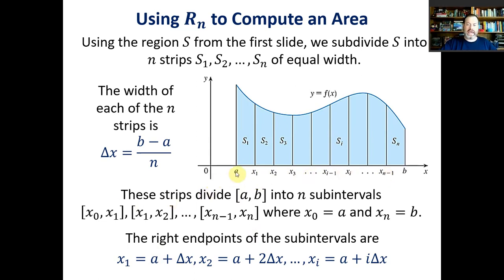Let's just use a and delta x to generate all the numbers. So x2 is just a plus 2 delta x. And then any xi, where i is just your index, is a plus i delta x.